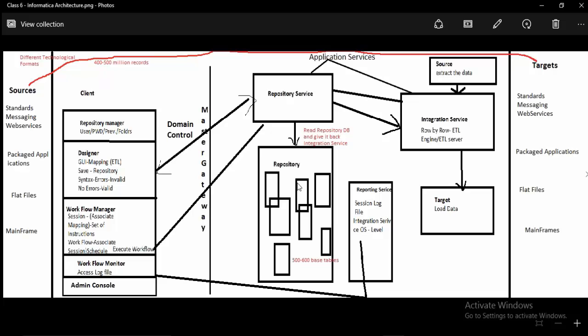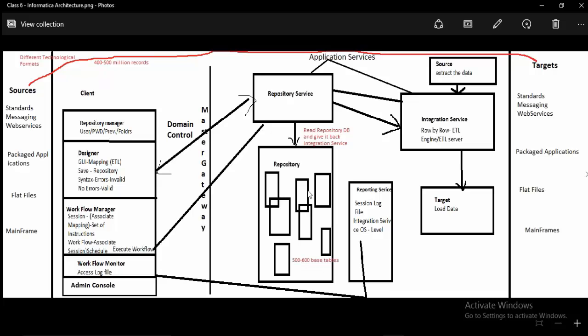So whenever you install Informatica on your system, around 500 to 600 base tables will be loaded into your database system. Which is also called metadata. These tables contain the data related to Informatica.